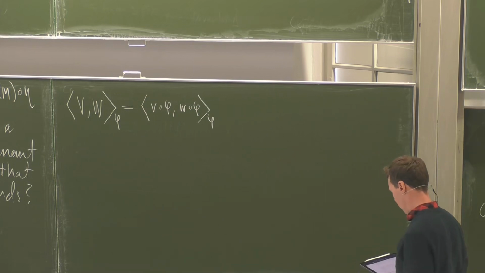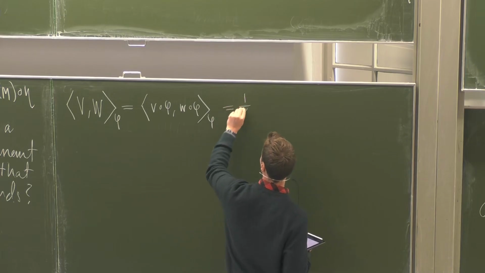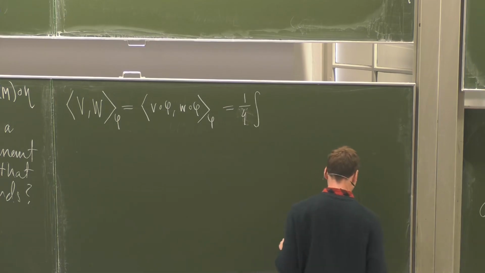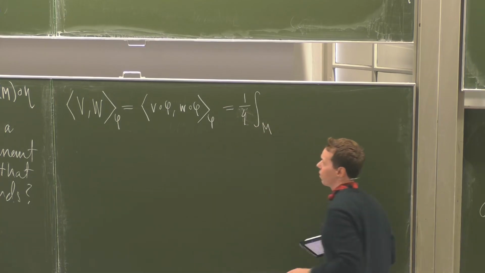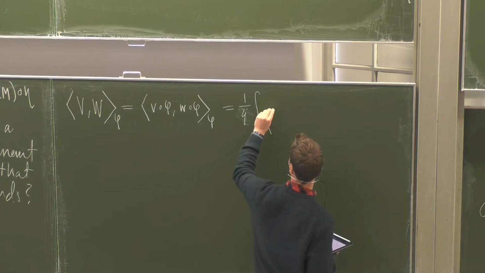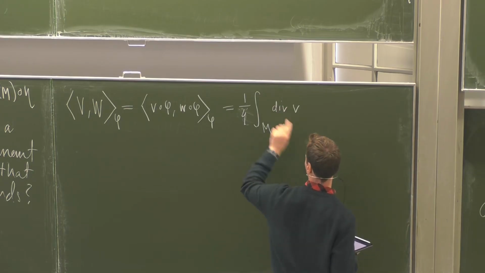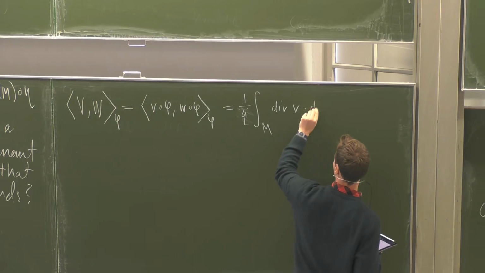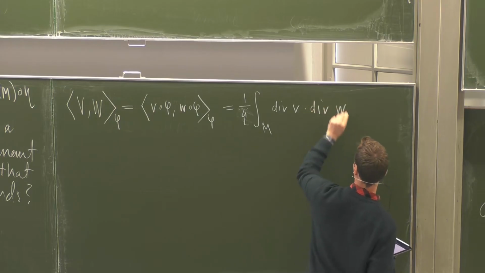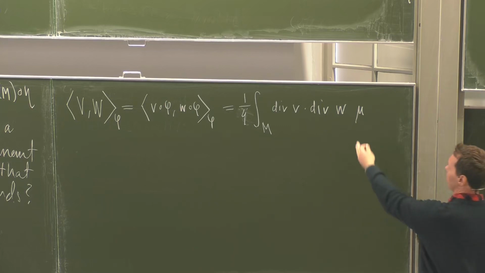I want to say what this is. I'm just going to give you a formula here. I fix some volume form, mu, still, and then I take the divergence of V with respect to that volume form. That's a scalar, so I just multiply that with the divergence of W, and I integrate with respect to mu. The divergence is also with respect to mu.